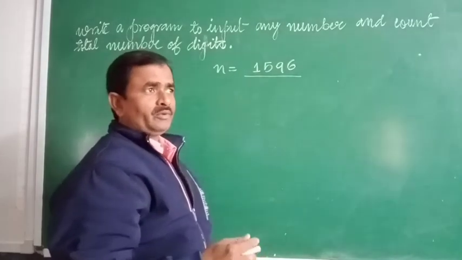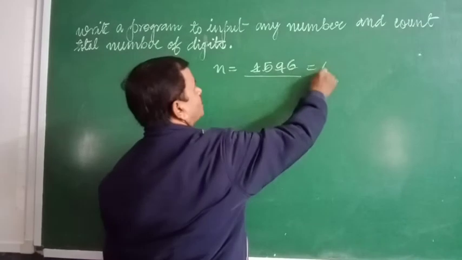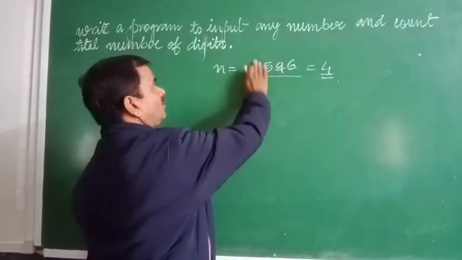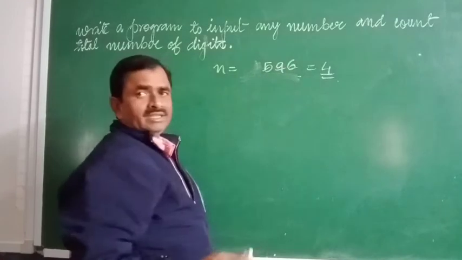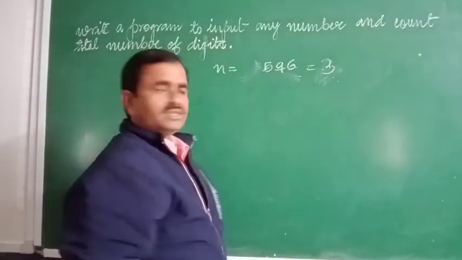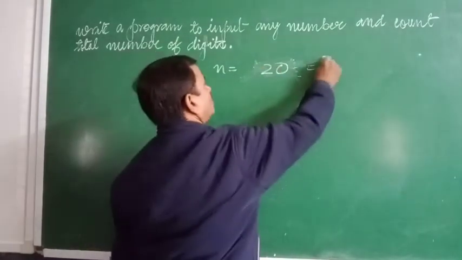So here 1 2 3 4, so the answer will be 4. Suppose at the time of execution you input 596, so the answer in this case will be 3. I hope you got it. Suppose you input 20, so the answer will be 2.